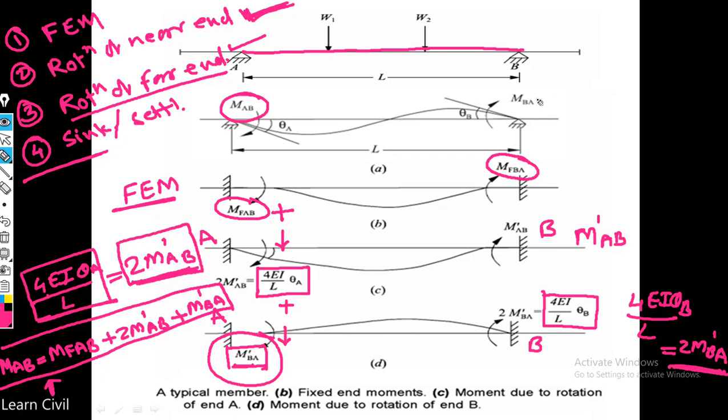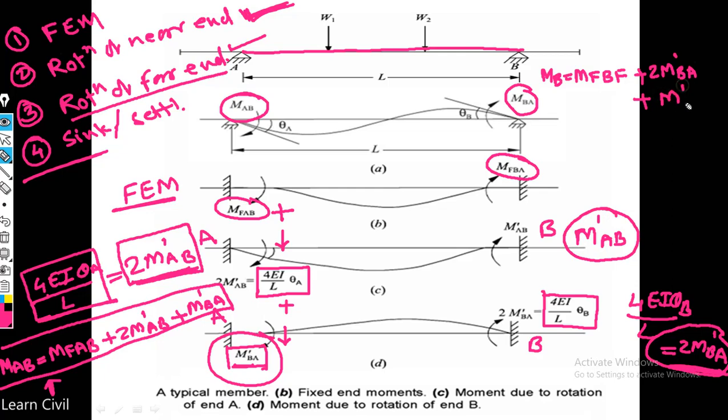Similarly, the final end moment MBA will be equal to MFBA plus the bending moment developed due to rotation of near end, which is 2m' BA, plus the bending moment developed due to rotation of far end, which is m' AB.